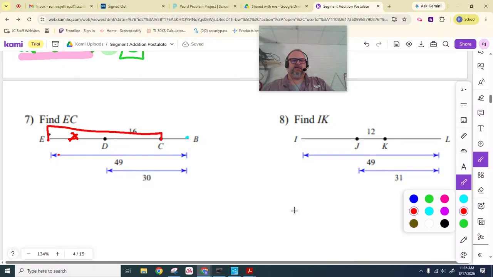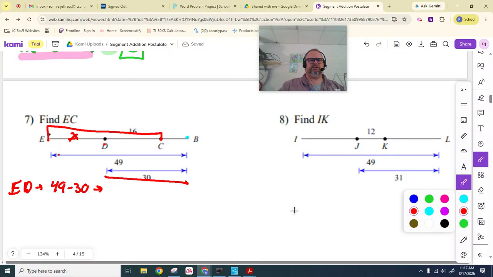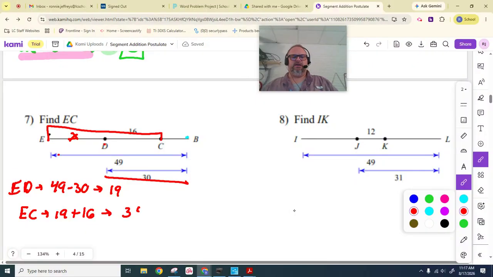But we know from this section right here, that's 30, and all that's 49, right? So we should be able to say that ED is 49 minus 30, which is 19. And then EC is 19 plus 16, which is 35, which is so much funnier than 34.